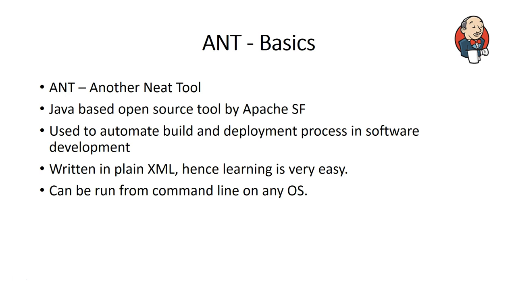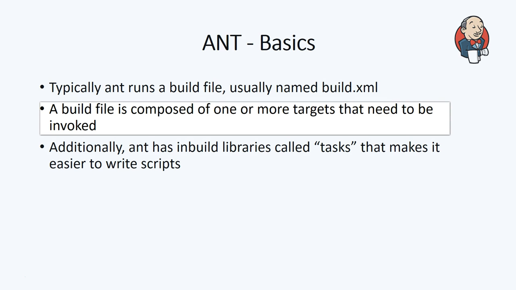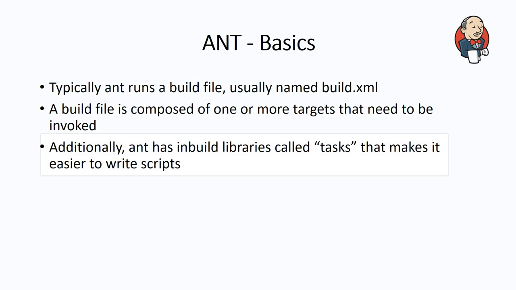In order to run Ant, you need a special file called the build file. It is usually called the build.xml file. This build file is composed of one or more targets that need to be invoked. Additionally, Ant has inbuilt libraries called tasks that make it easier to write the scripts.